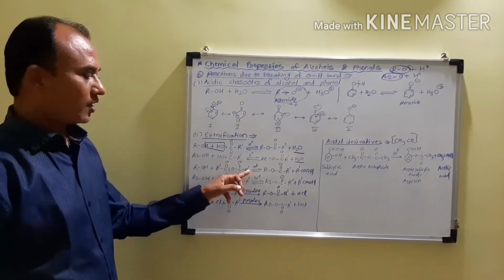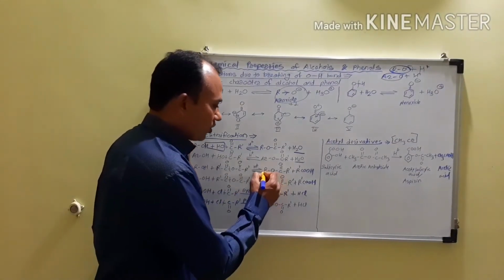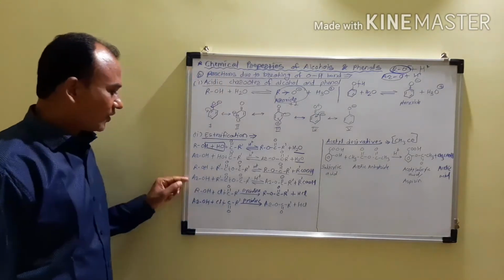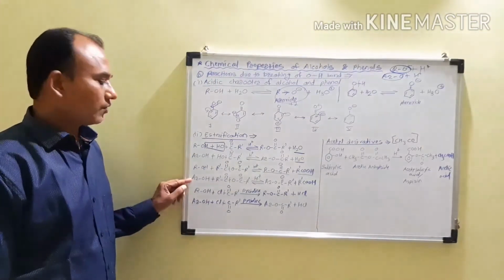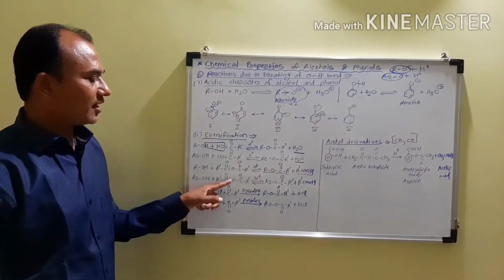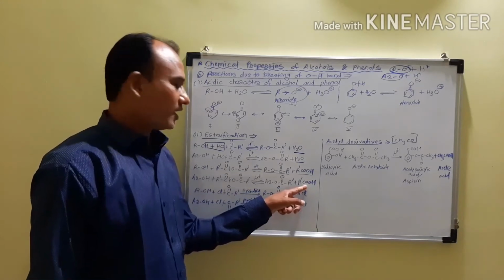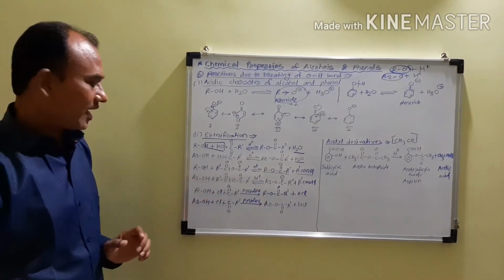This reaction is also carried out in the presence of acid. Then there will be a formation of an ester and a carboxylic acid. In the same way, when we carry out the reaction of phenol with the acid anhydride, it gives the ester and the carboxylic acid. So that is the reaction with the acid anhydride.